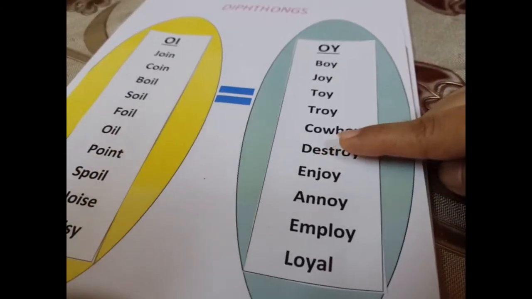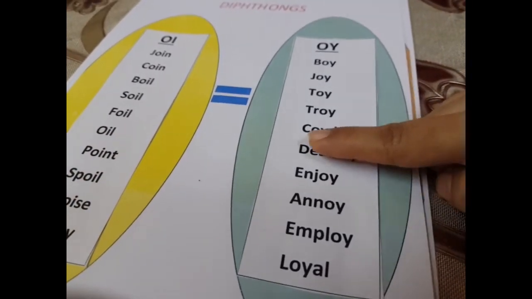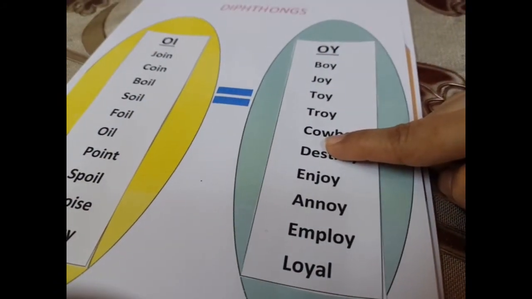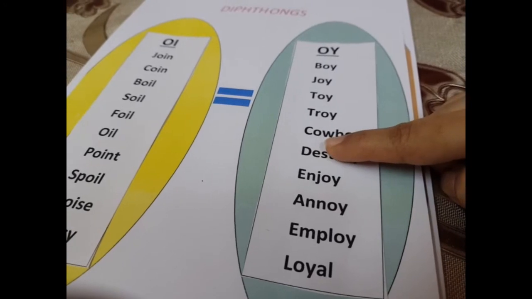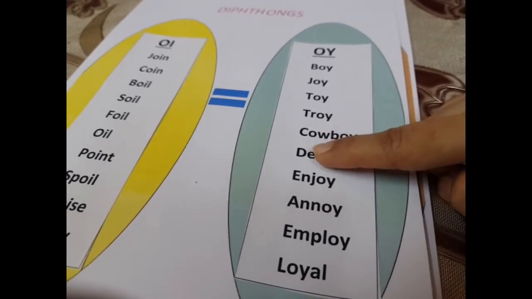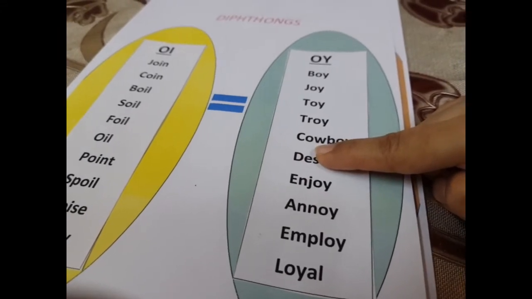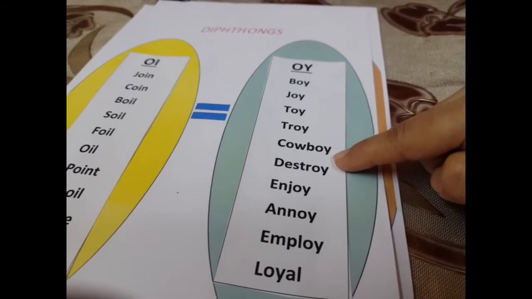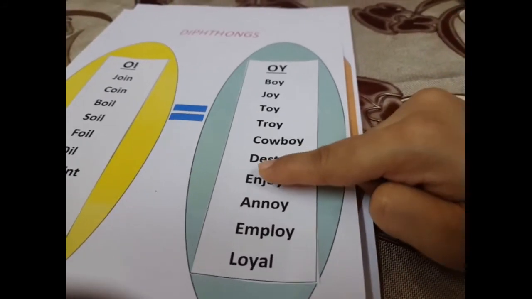Now COW. What is the sound of C? K. What is the sound of OW? Ow. So COW. Cow. Here, look here, Filza. COW. Cow. BOY. Boy. Cowboy. Yes. What is the sound of D?